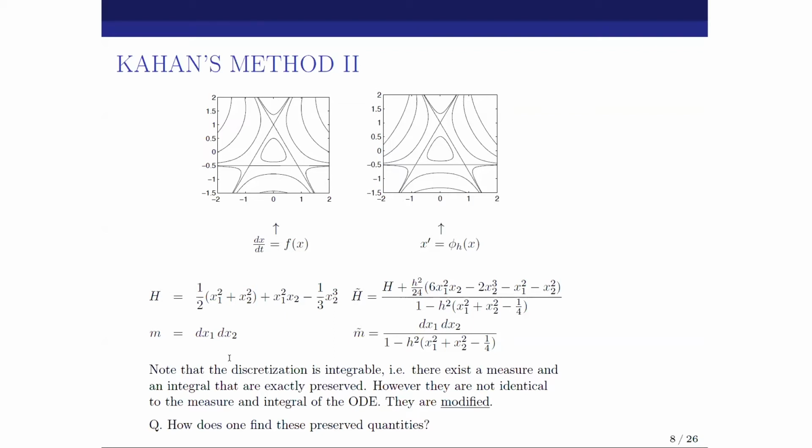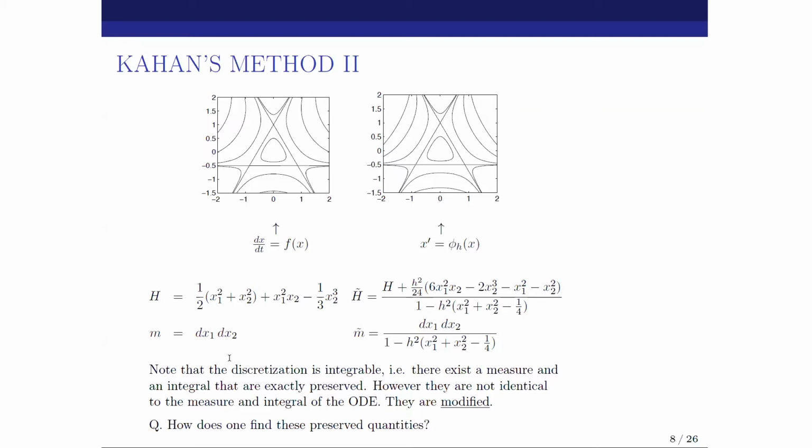Actually, if you look closely at the denominator there, you see that there's going to be a circle with radius something like 1 over h, where we get a singularity. Now, of course, if h is small, then 1 over h is large, so the circle is very far away. As h goes to 0, the singularity goes to infinity.